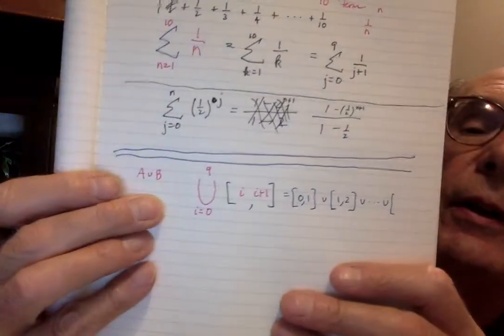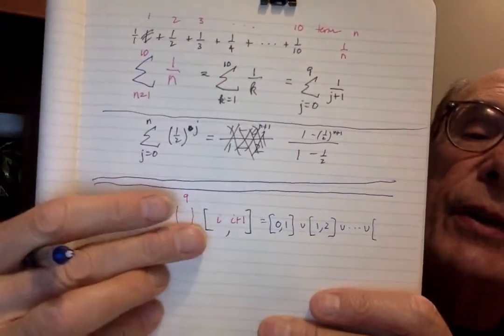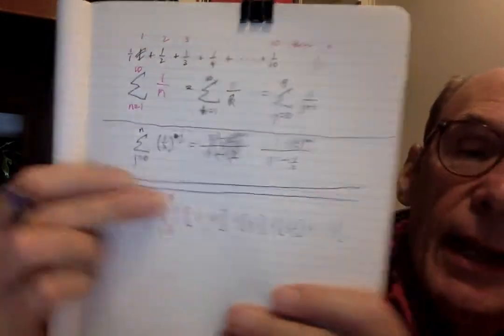And it's really helpful in a lot of cases to write out a few of these. So this is [0,1] union [1,2] union, and then you always do the last one. And the last one is when, let me show you what I'm thinking about here. The last one is when i equals 9, so that goes from 9 to 10.